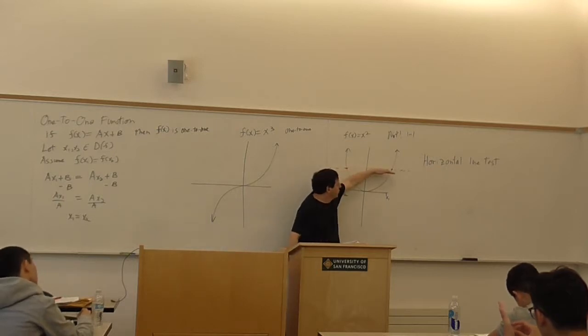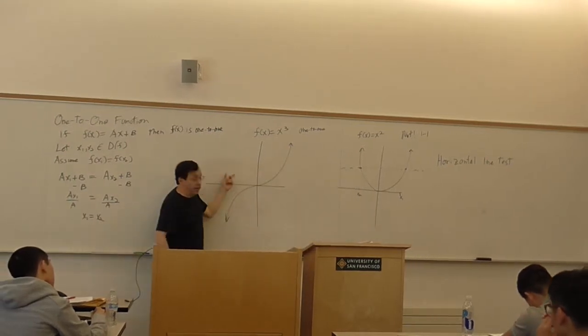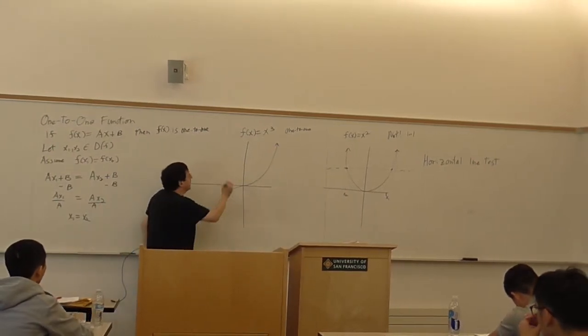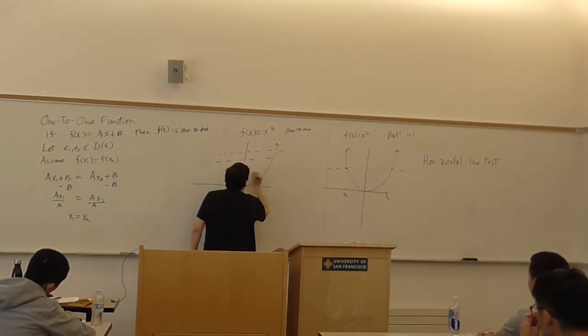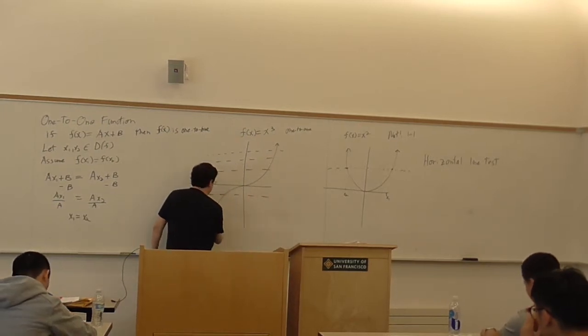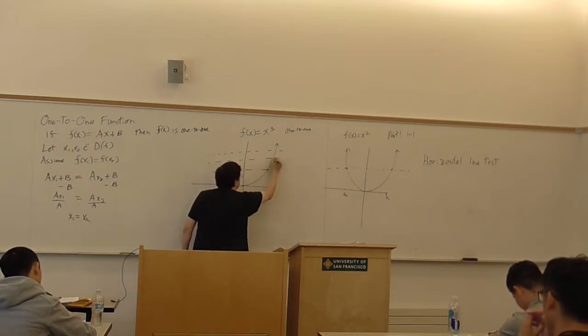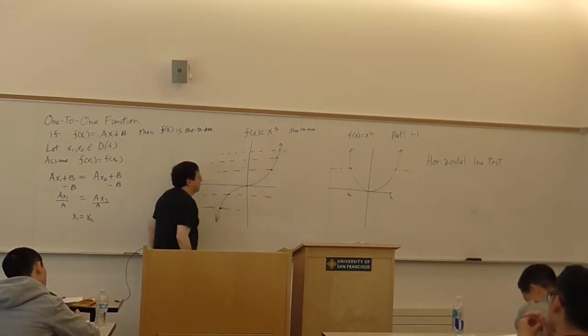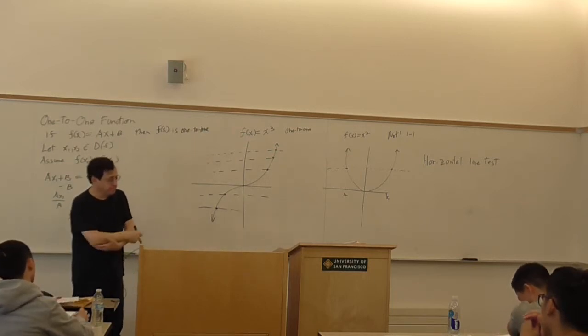If a horizontal line crosses 2 points on the graph, it can't be one-to-one. Now we look at this function on the other hand, and kind of in your head you draw infinitely many horizontal lines, and you'll see they're always just going to intersect at one point. So this passes the horizontal line test.